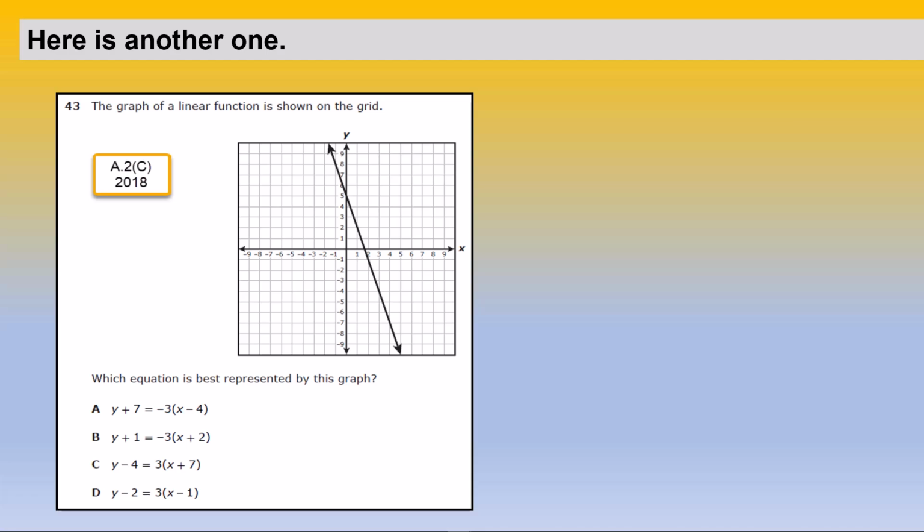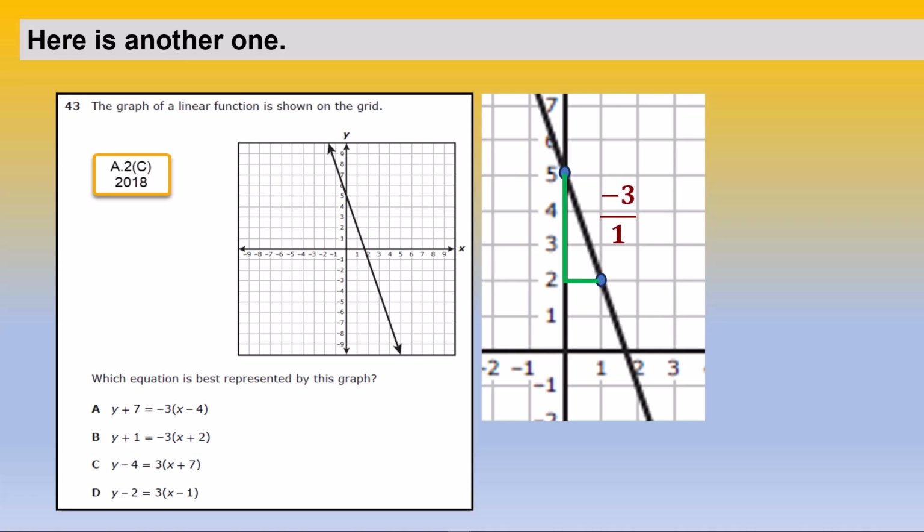This question shows a graph and 4 choices in point-slope form, which requires converting to slope-intercept form to identify the correct choice. First, we take a closer look at the graph and find the y-intercept, 5 in this case, and another point down the line, 1, 2, and see that the slope is down 3 over 1, or -3.